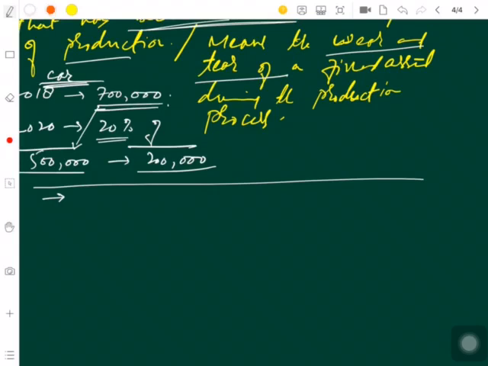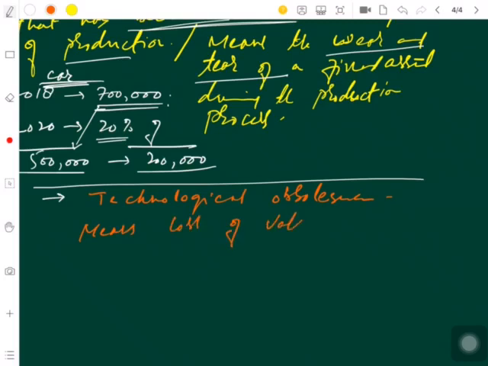So this is the last term I am defining, which is called technological obsolescence, which means loss of value of a machine due to latest development.